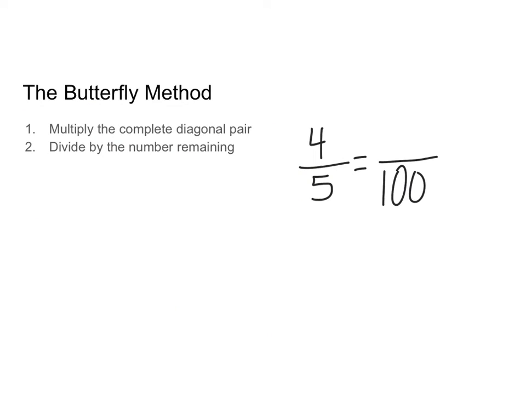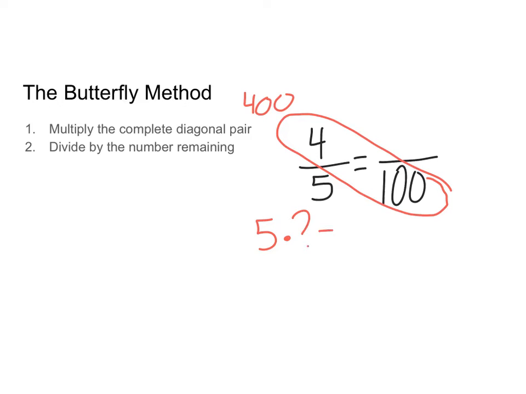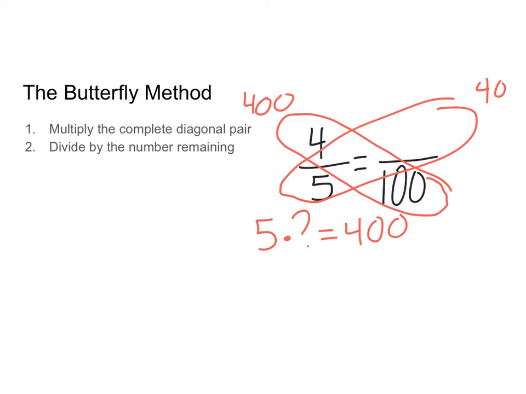So for the butterfly method, what we do is we identify the diagonal where we know both the numbers, the complete diagonal, and we multiply. So 4 times 100 gives us 400. And then that means we need to know 5 times something equals 400. We don't know what that other number is, but whatever it is, it's going to have to equal 400 when multiplied by 5.